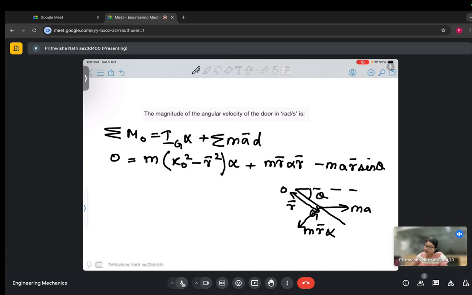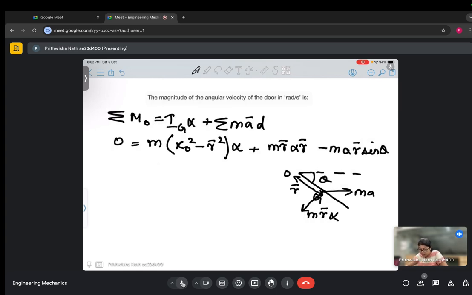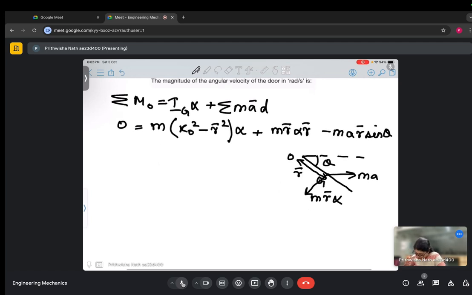So from this diagram I can write this equation. So what do I get from this? I'll just simplify this equation.